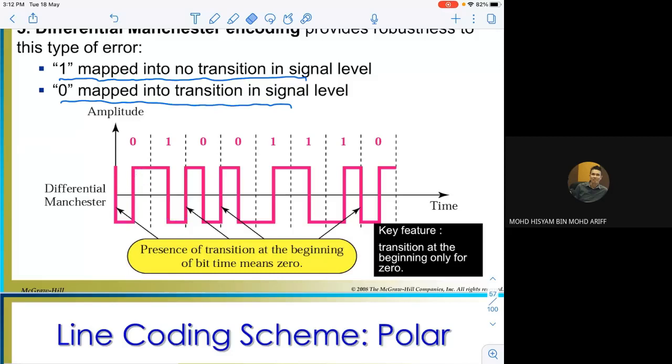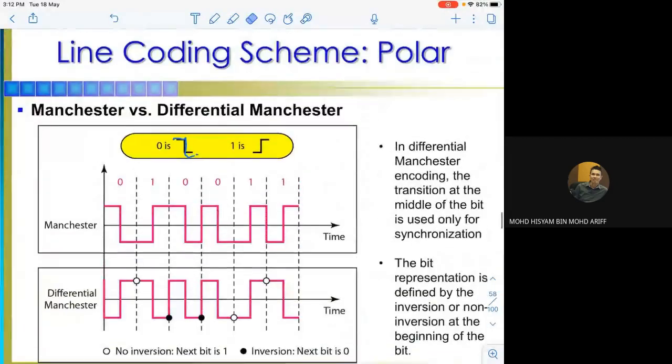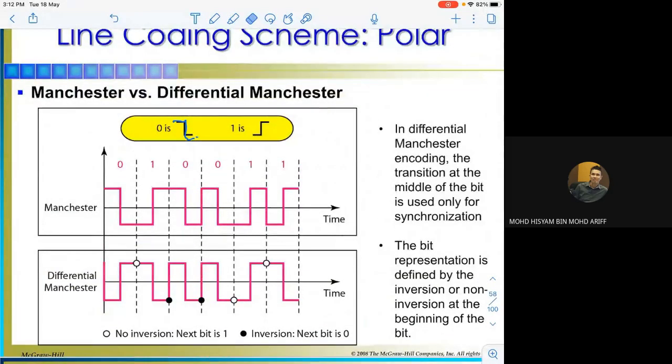Kita tengok kat sini lah dulu. Okay. Different between Manchester and differential Manchester. Cuba tengok dulu. Okay. Ni kalau Manchester, 0 turun tangga, 1 naik tangga. Okay. Cuba tengok apa beza differential.